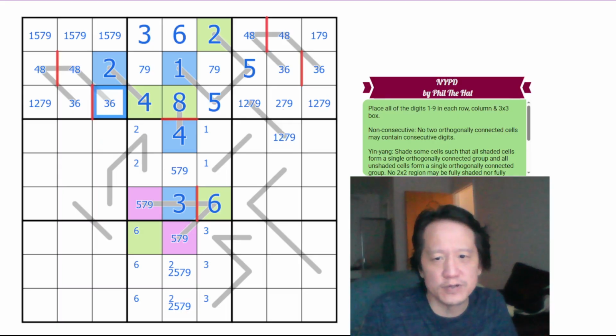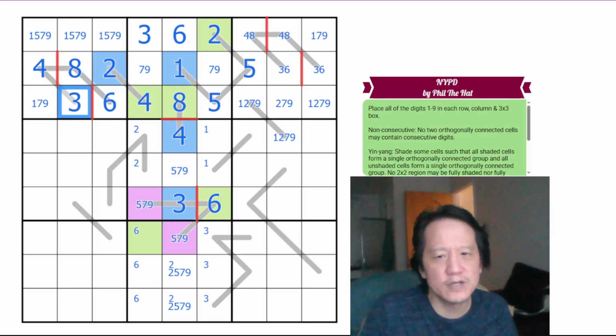This can't be 3, so this is 6. This is 3. This can't be 4 then because of the 3, so this is 8 and 4. Obviously, this can't be 2 here. The 3 is doubled, and the 4 is doubled. The 8 has to be singleton.